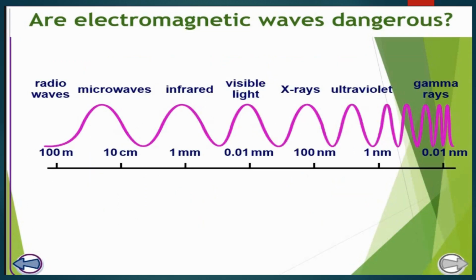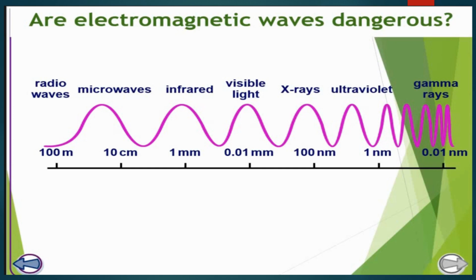Are electromagnetic waves dangerous? Look at the wavelengths. The wavelength of the radio wave is greater compared to the wavelength of gamma rays. The shorter the wavelength, the higher the frequency, and the more energy they carry.